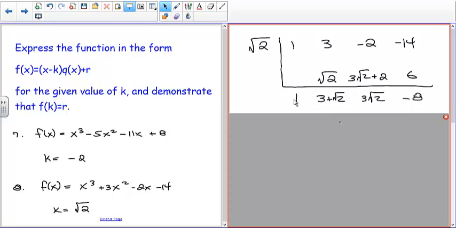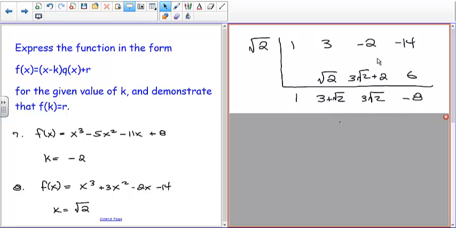Bring the 1 down. 1 times the square root of 2 is the square root of 2. 3 plus the square root of 2 is 3 plus the square root of 2. The square root of 2 times 3 is 3 times the square root of 2, and the square root of 2 times the square root of 2 is 2.